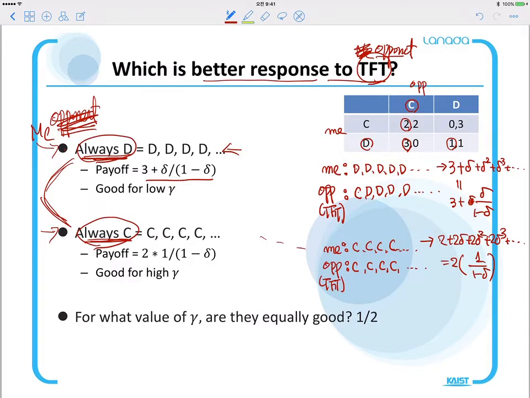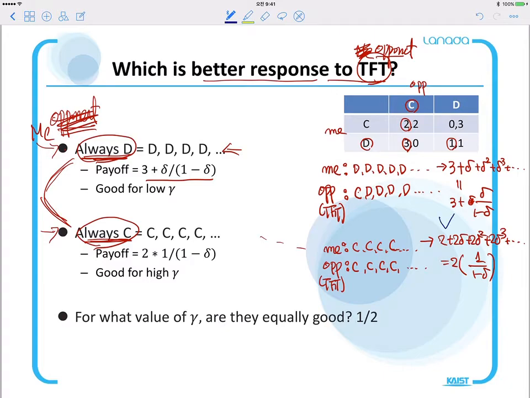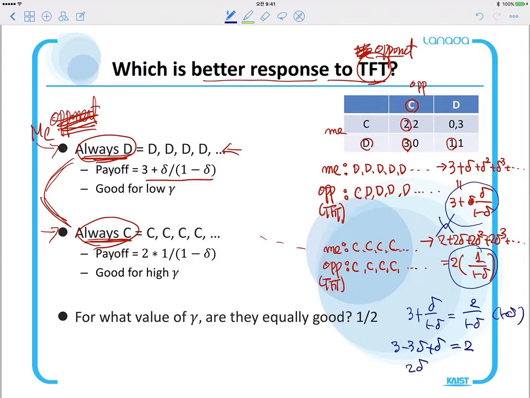Now the question is that, depending on the value of delta, one may be larger or the other may be larger. So let's find the point where this value becomes equal to this one. So 3 plus delta over 1 minus delta is equal to 2 over 1 minus delta. If we multiply 1 minus delta on both sides, 3 minus 3 delta plus delta is equal to 2. That should be 2 delta is equal to 1, so delta is 1 over 2.